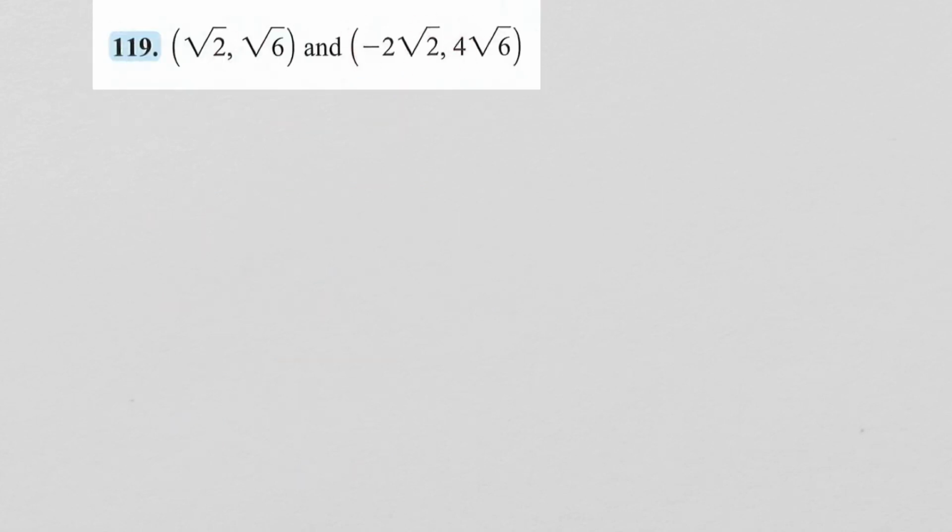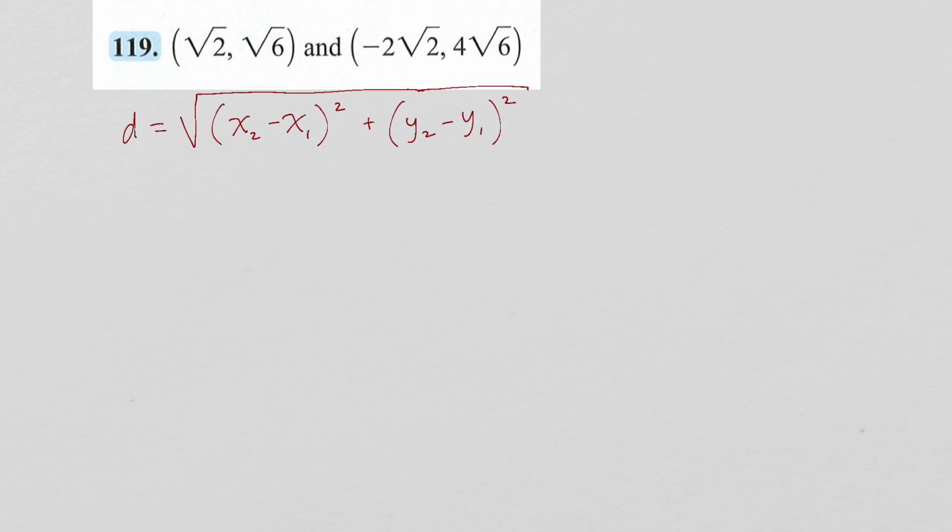Okay, here we have 2 points, and our points have radicals in them. We'd still do the same thing. So we're going to use our formula, and that's there.